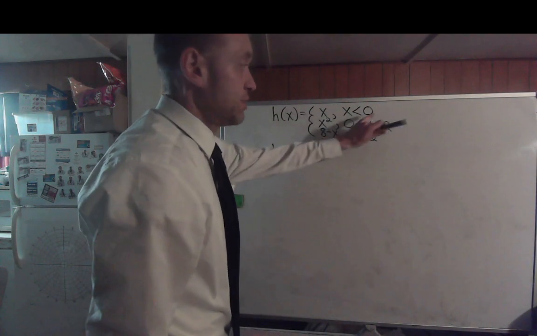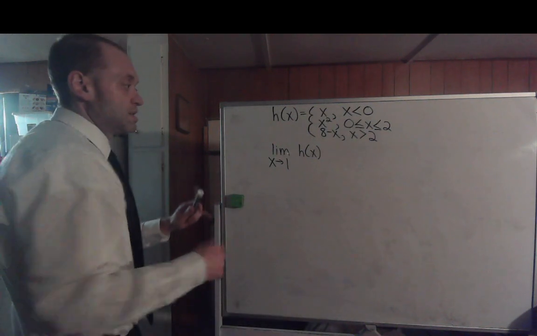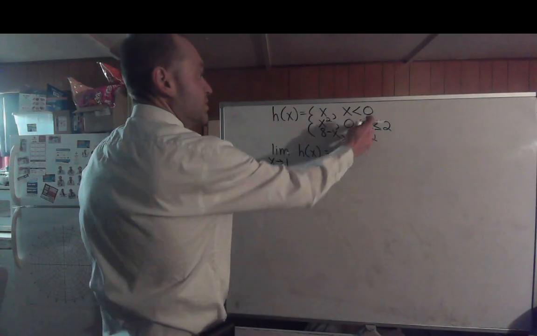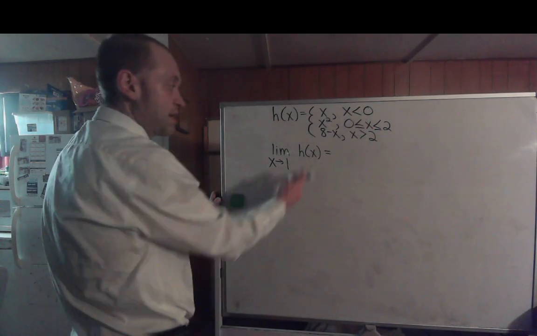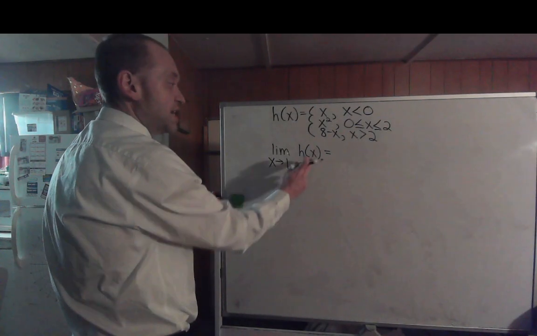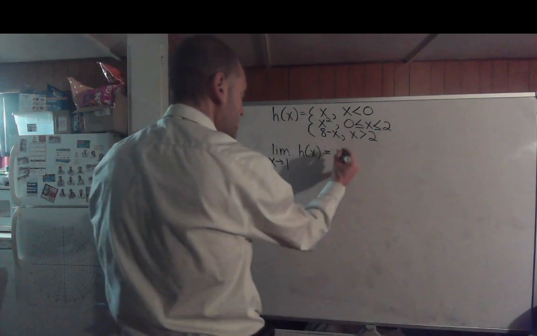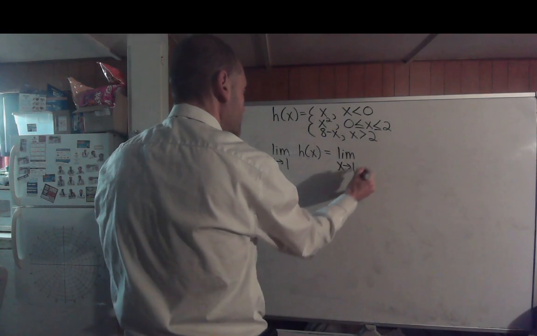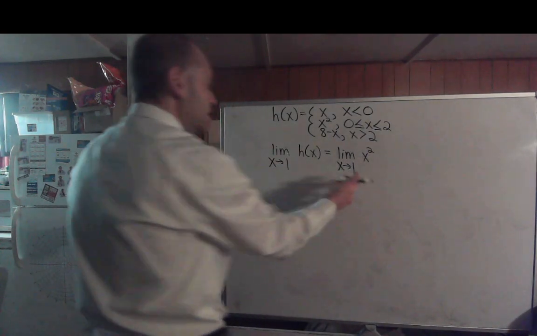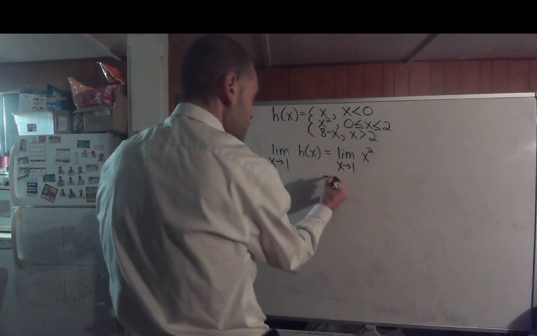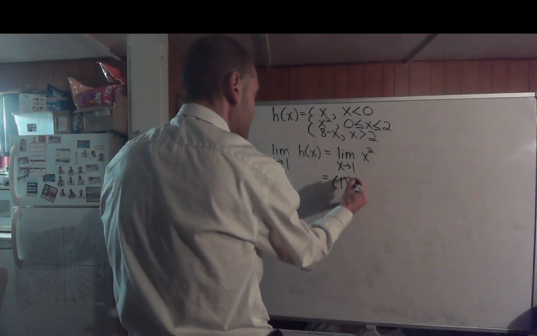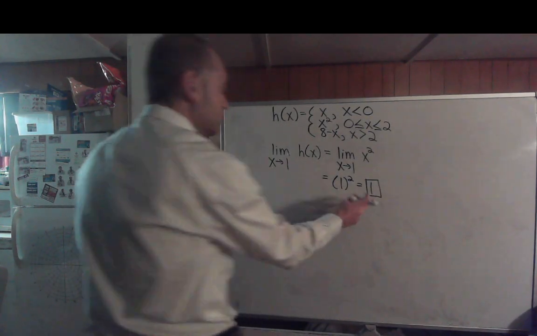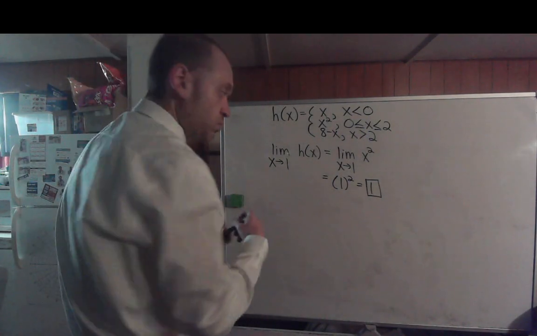No, it's not. 0 and 2 are your two breakpoints. 1 falls in between 0 and 2, so that means this function is going to behave as h of x equals x squared. So this will become the limit as x approaches 1 of x squared. And we can do direct substitution, so you'll put in that 1 for the x, you get 1 squared, which would give you a general limit of 1 as x approaches 1.